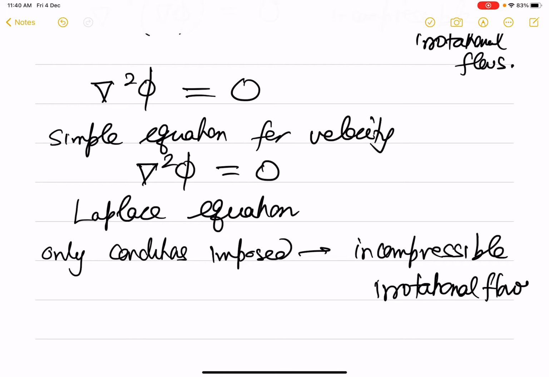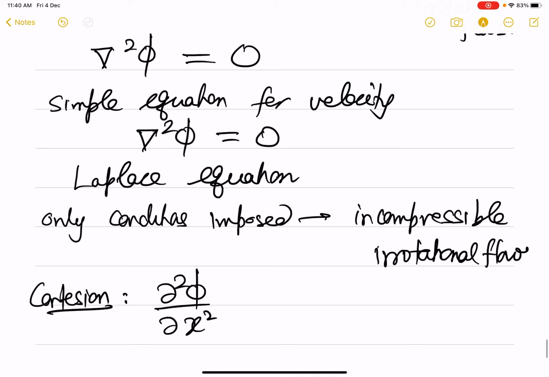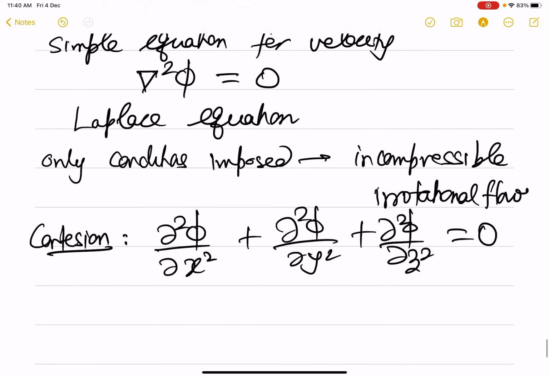We only need incompressible and irrotational flows, and in Cartesian coordinates, the governing equation for these flows becomes partial d2 phi by dx square plus d2 phi by dy square plus d2 phi by dz square is equal to 0.